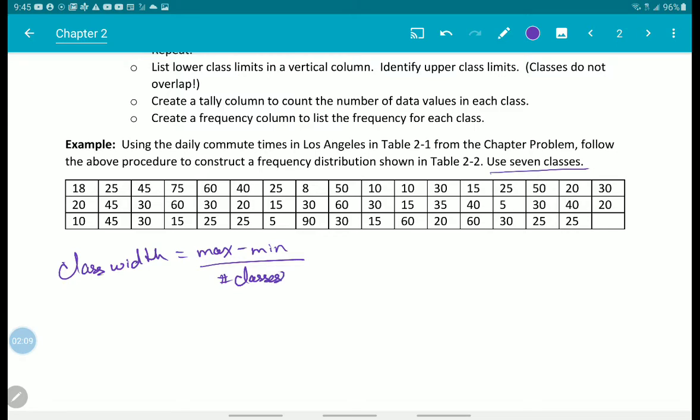If we look at this data set, 90 is the biggest data value that I see, and 5 is the smallest. So I'm going to have 90 minus 5, and I'm dividing by 7 because I want 7 classes. So I've got 85 divided by 7.